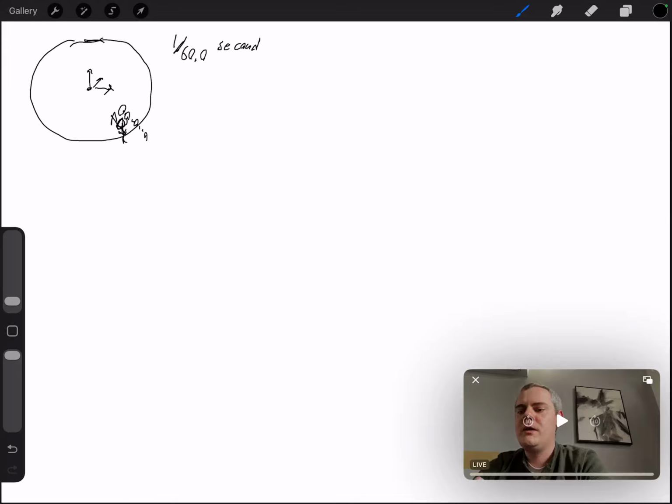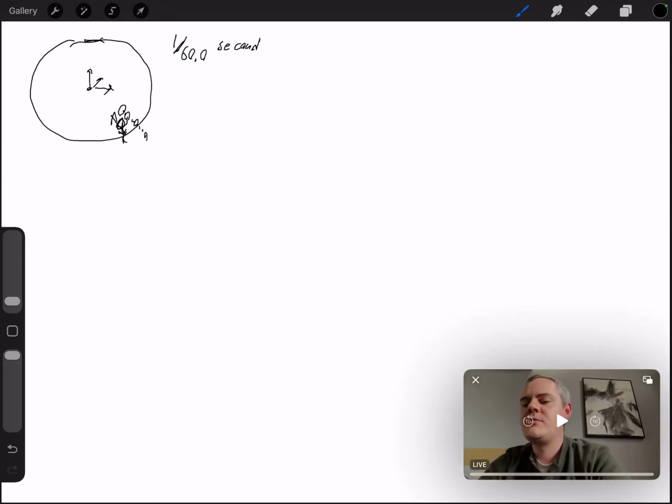Similar with the ball, I can find its position at the start and the end of the frame. I'm under the assumption that the marble was in the ball at the start of the frame, and I can find if it's outside the ball at the end of the frame. If it is, I'm going to try to find the exact collision time, and then try to find properties about the collision.